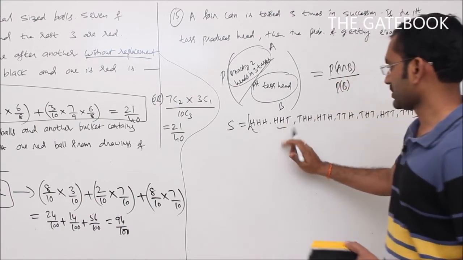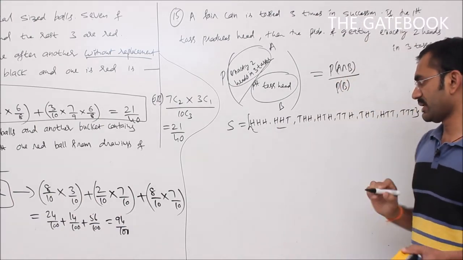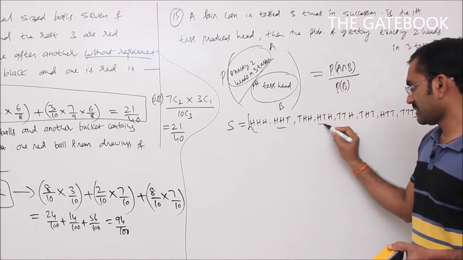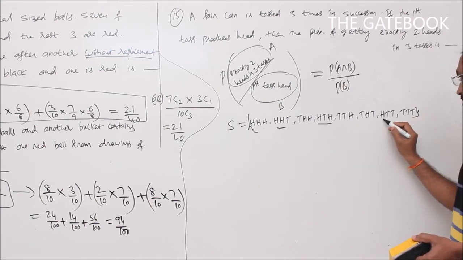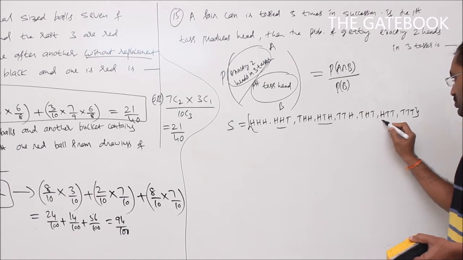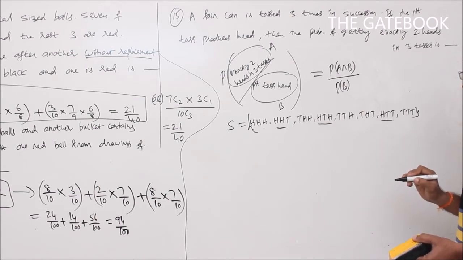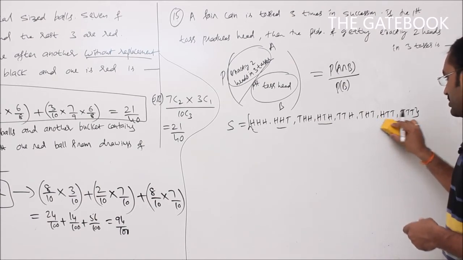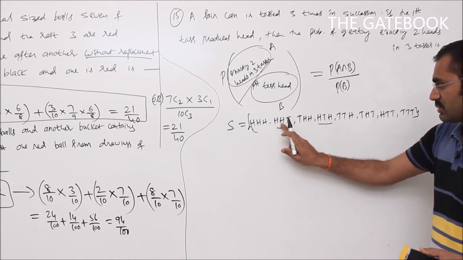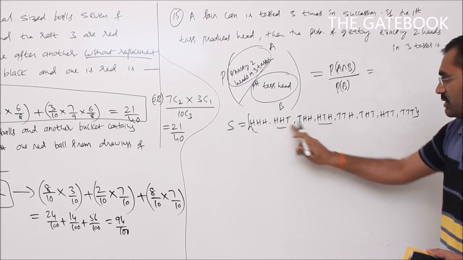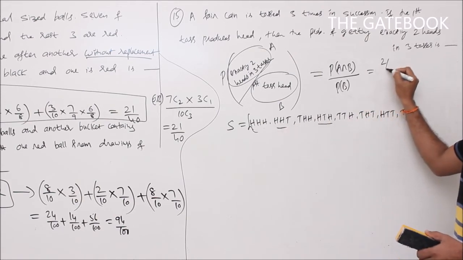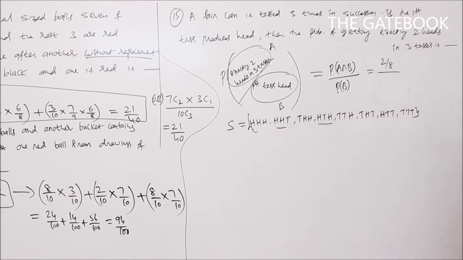Here first toss head and exactly 2 heads. No, here only 1 head. So the number of favorable cases are only 2. So 2 by 8.